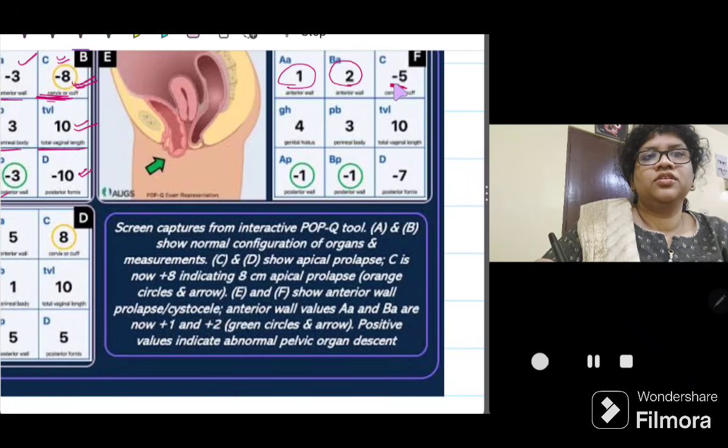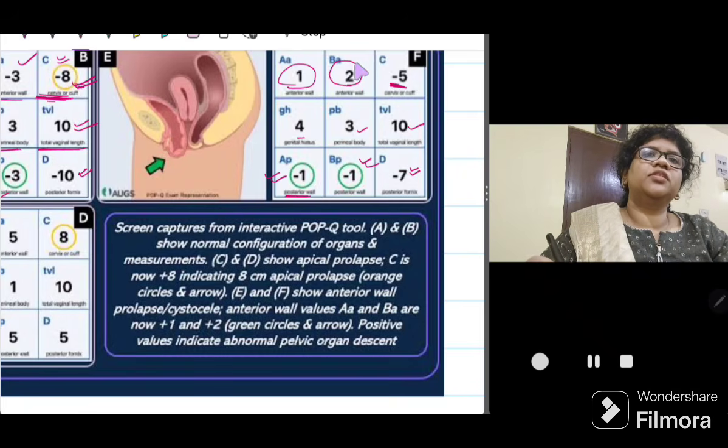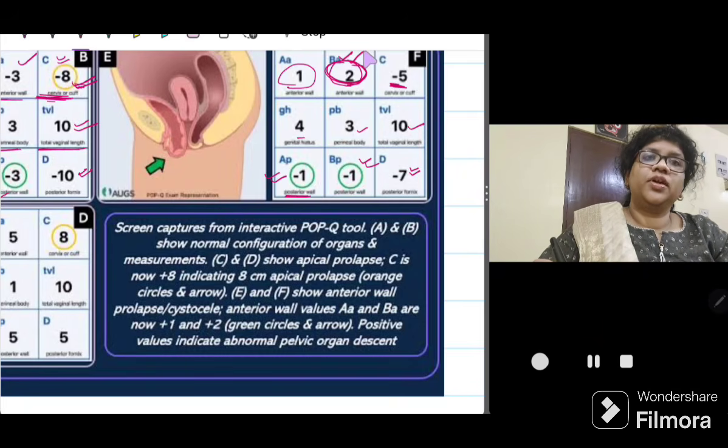Okay, then genital hiatus is 4, perineal body is 3, total vaginal length is fine. Again, anterior and the posterior walls it is -1, -1 and -7. So in this you can see that the most dependent portion is the Ba, which is +2.